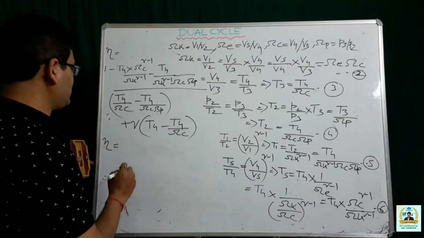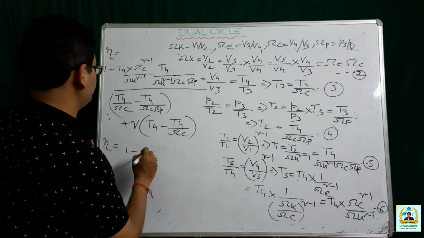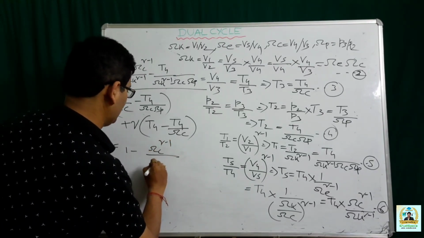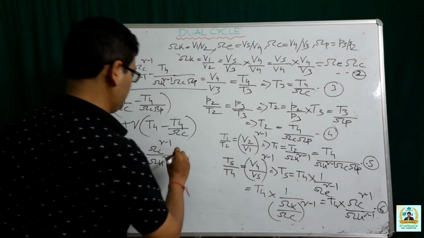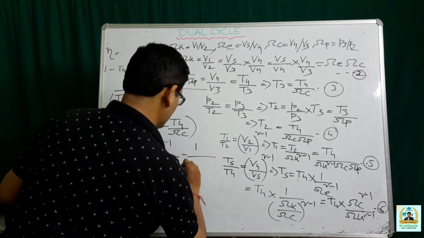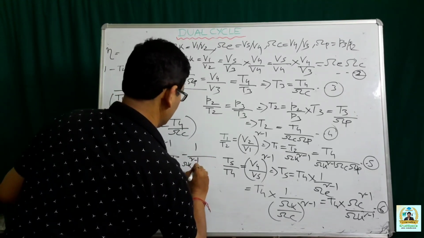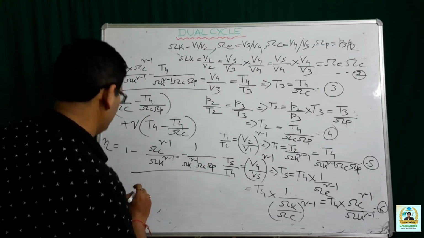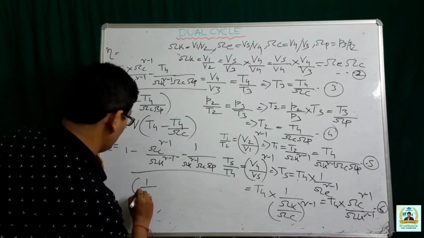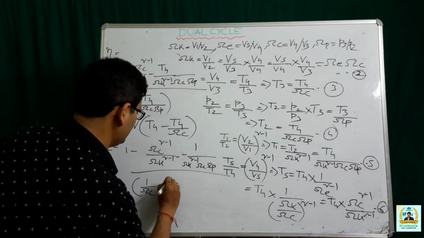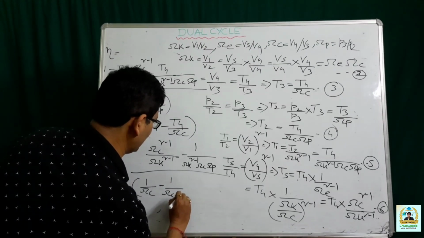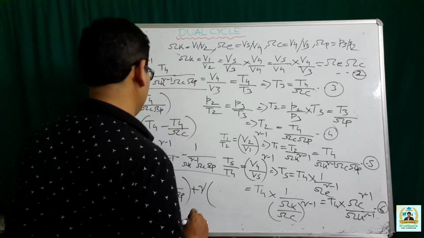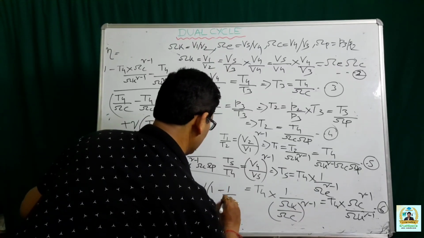Now, eta is equal to 1 minus RC to the power gamma minus 1 by RK to the power gamma minus 1 minus 1 by RK to the power gamma minus 1 RC into RP, divided by, this is 1 by RC minus 1 by RC into RP plus gamma multiplied by 1 minus 1 by RC.